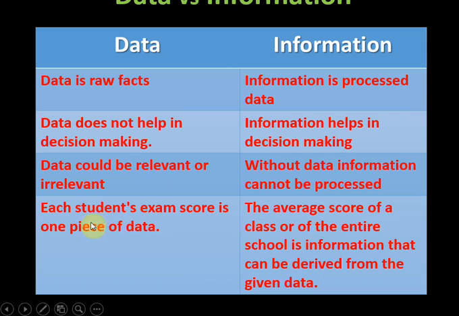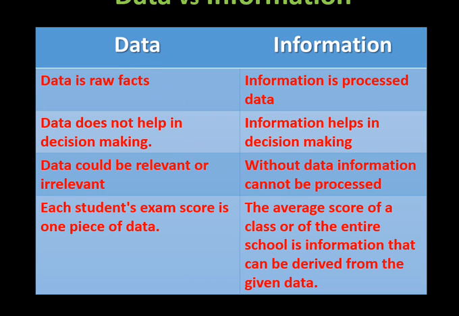Each student's exam score is one piece of data, but the average score of the student or the class or the entire school is information that can be derived from the given data. So that is the difference between data and information.